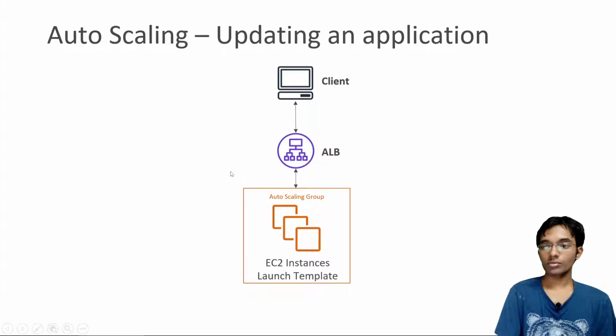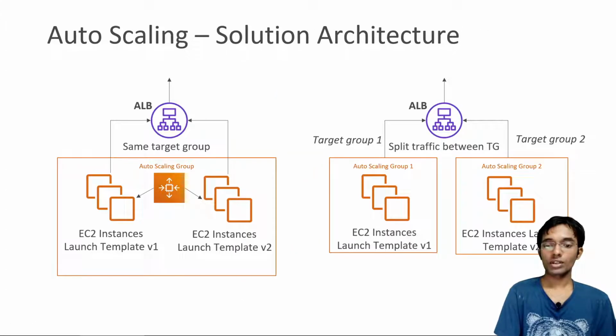Okay, time's up. Now let's see the architecture. The first thing is that we may want to keep the auto scaling group, but create a new launch template. This will create new EC2 instances launched using the new launch template, and we may need to double the capacity of our auto scaling group for these instances to be created.